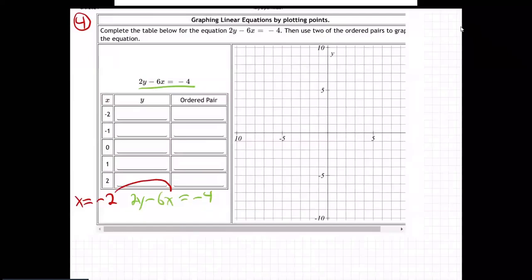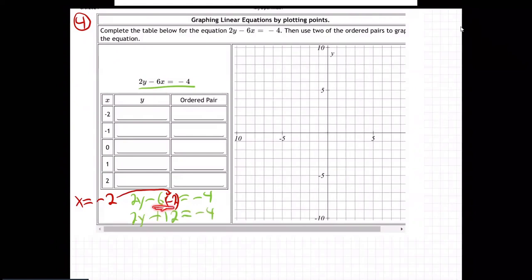And I'm going to plug in the X value of -2. And so what do we get? We get 2y plus 12 is -4. That's because two negatives.